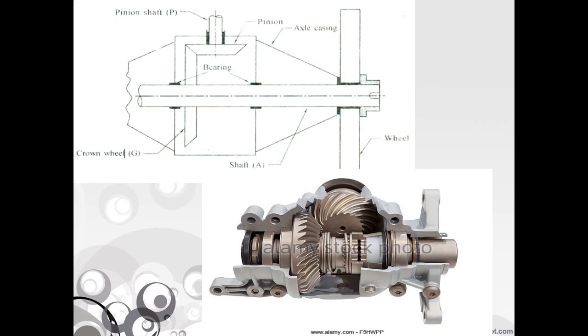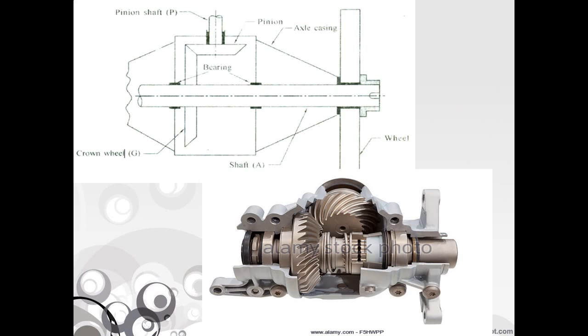The figure shows a simplified view of a live rear axle for a front engine rear driven automobile. The pinion shaft is supported in bearings in the axle casing and takes the drive from the propeller shaft. The pinion shaft drives a crown wheel which is in mesh with it and mounted on the shaft.